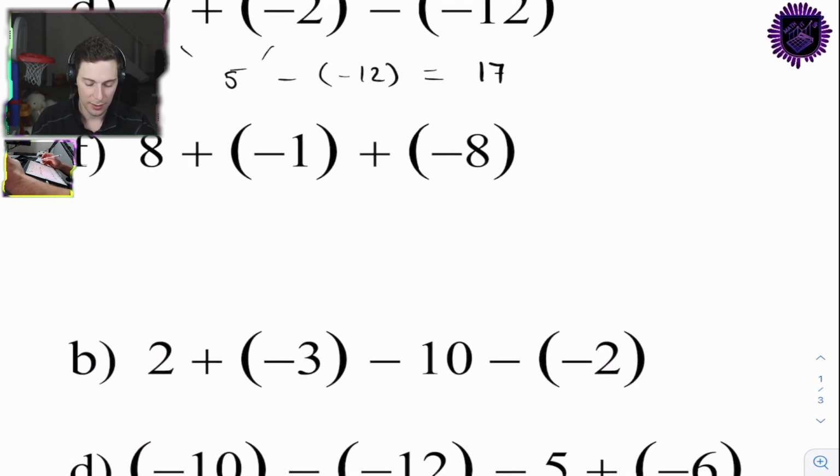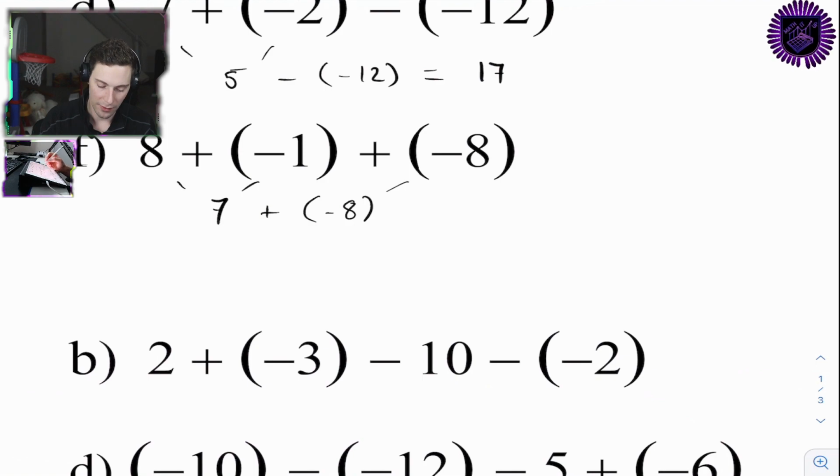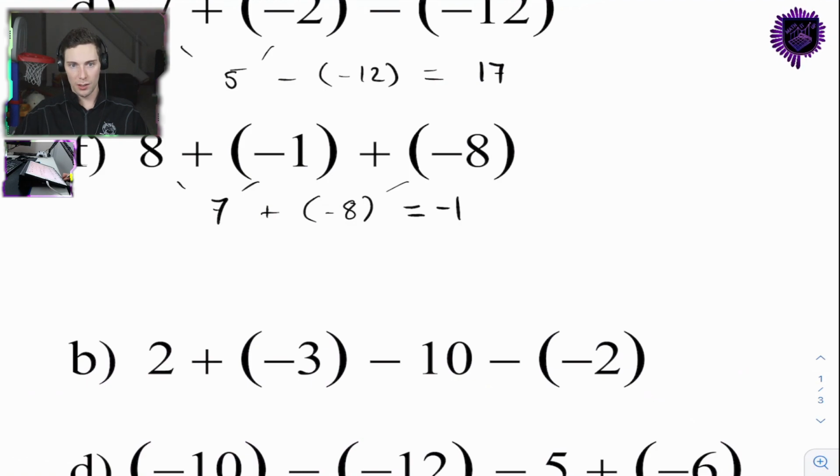8 plus negative 1. So that's going to be 7. And then we're going to add negative 8 here. 8 plus 7 plus negative 8, so we're making it more negative by 8. It's going to be negative 1, in fact. Negative 1.